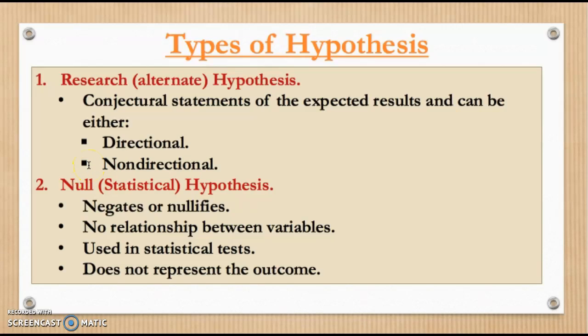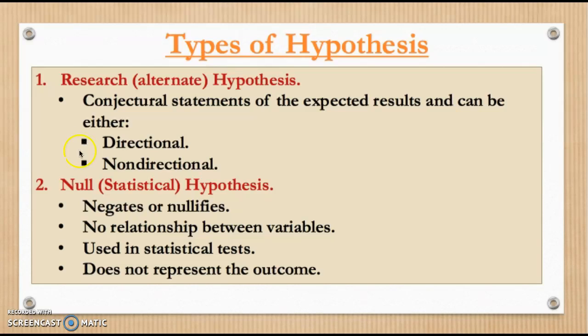A directional hypothesis not only states that there will be a relationship between the variables of interest, but it also indicates the expected direction. The class using manipulatives will demonstrate higher achievement levels than the class using a traditional instructional approach.